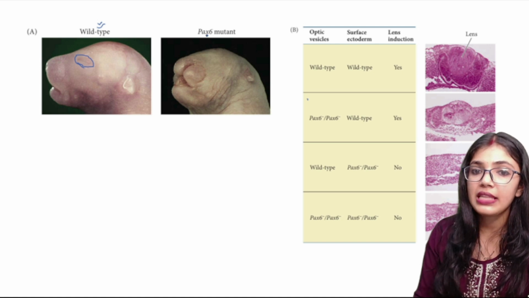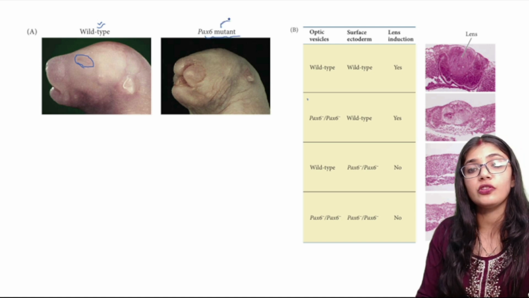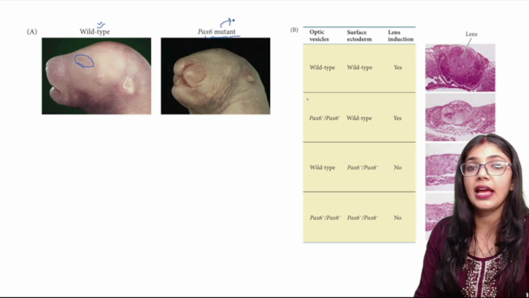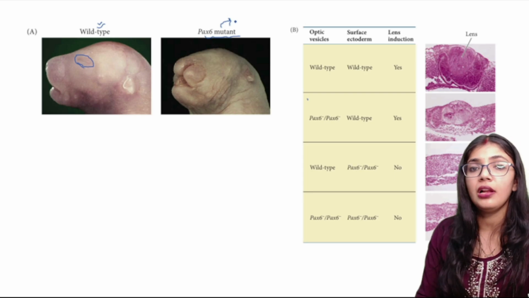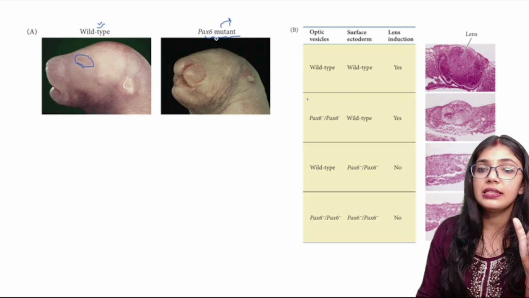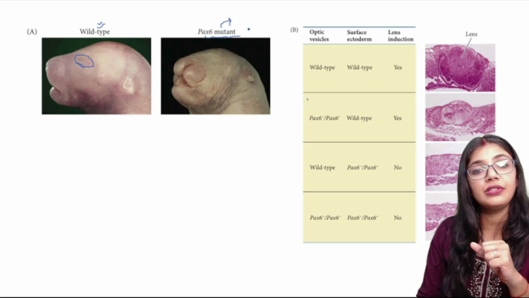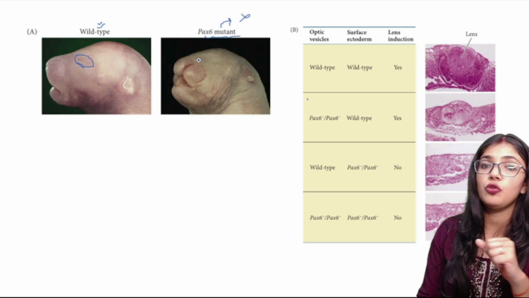But this is the PAX6 mutant. PAX6 is responsible for making the ectoderm competent, that means it can respond to the optic vesicle and form the eye. But as this is mutant in the surface ectoderm, it does not have the ability to form the eye.